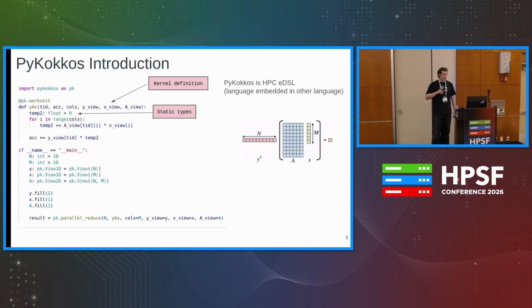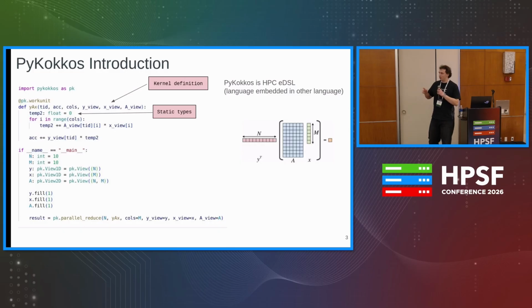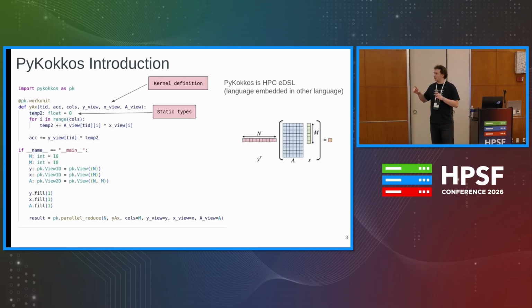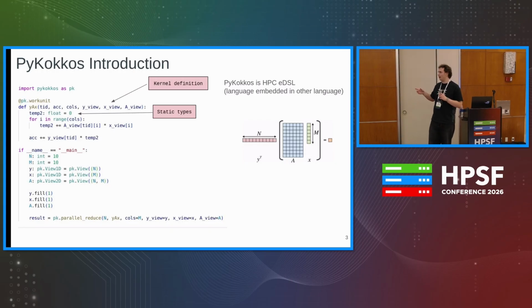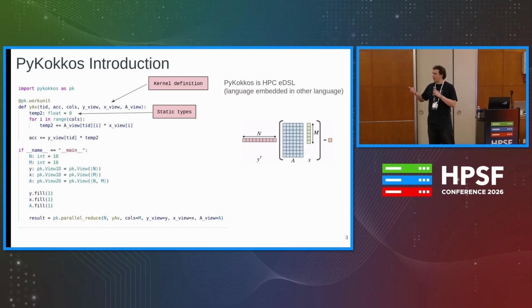We also allow some restricted things that you can do in the kernel itself. Since this is a domain-specific language, you cannot call any third-party library in the kernel that will be translated, because we cannot translate everything from Python to C++.